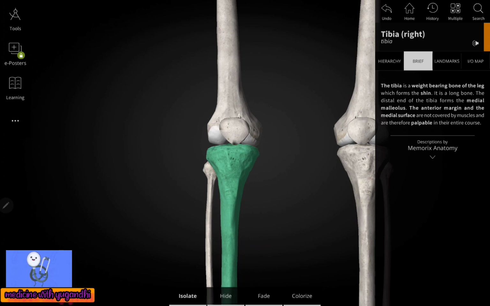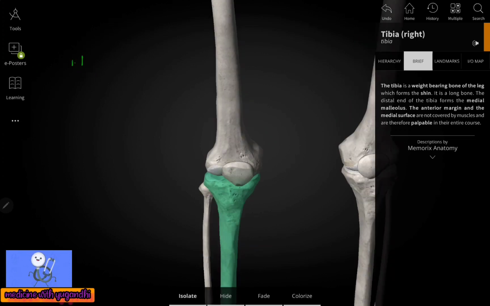What are they? So the joints are lateral femorotibial, medial femorotibial, and the third one is femoropatellar joint.